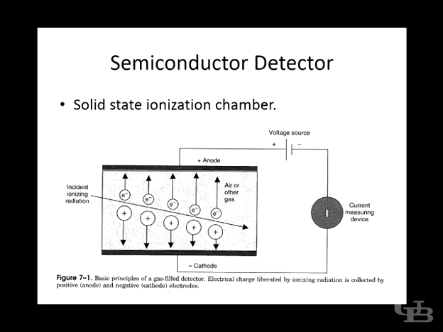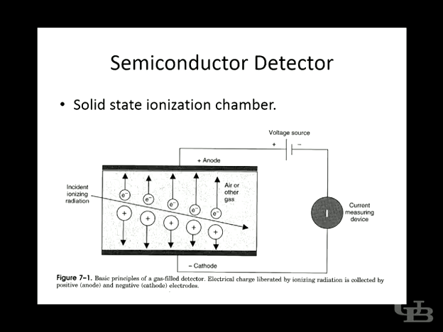Okay, semiconductor detector. A semiconductor detector uses the same working principle as the gas-filled chamber. Remember, in the gas-filled chamber, we have gas and we have an electric field created by the voltage on both sides.